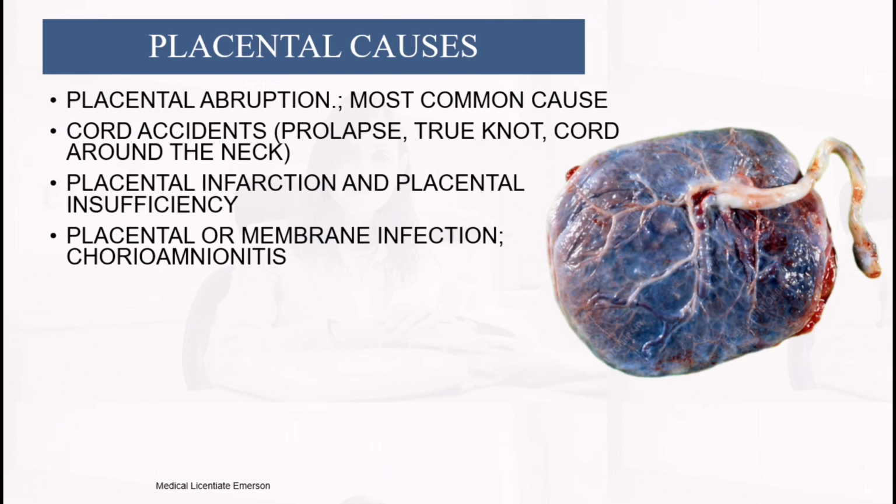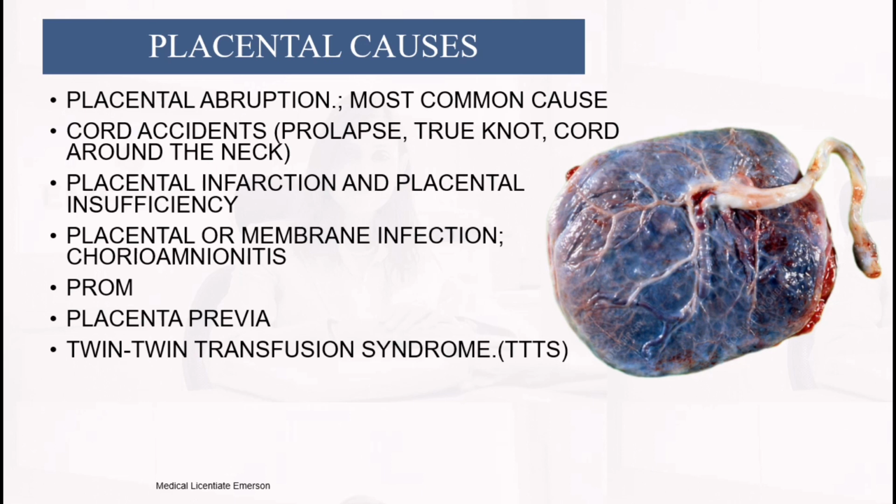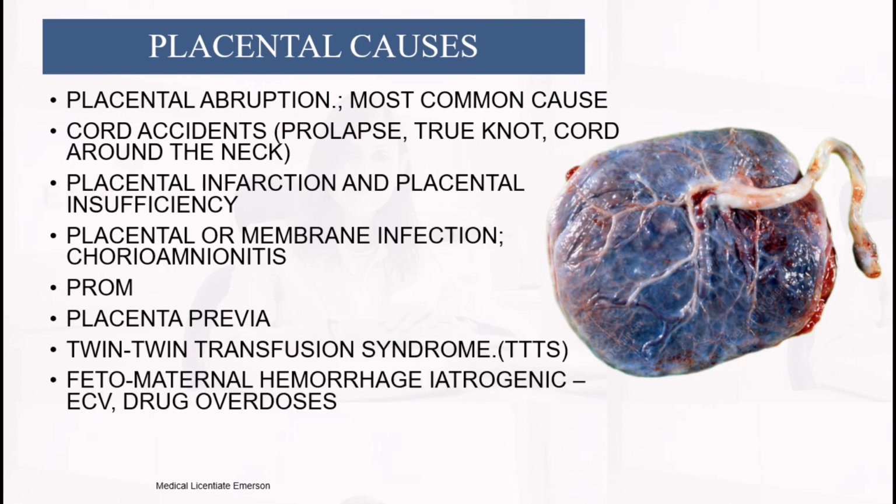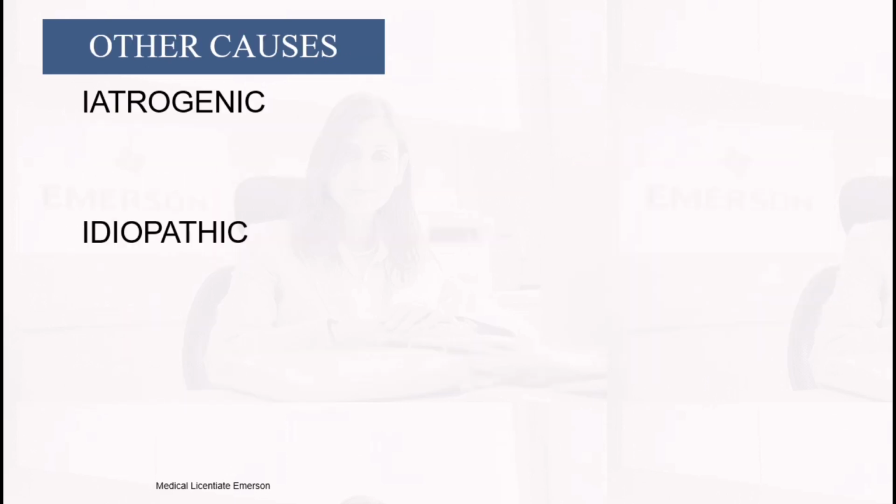Examples are chorioamnionitis, PROM, placenta previa, twin to twin transfusion syndrome. Also fetomaternal hemorrhage. Iatrogenic causes could be due to ECV, which is your external cephalic version, drug overdoses, and of course other causes.